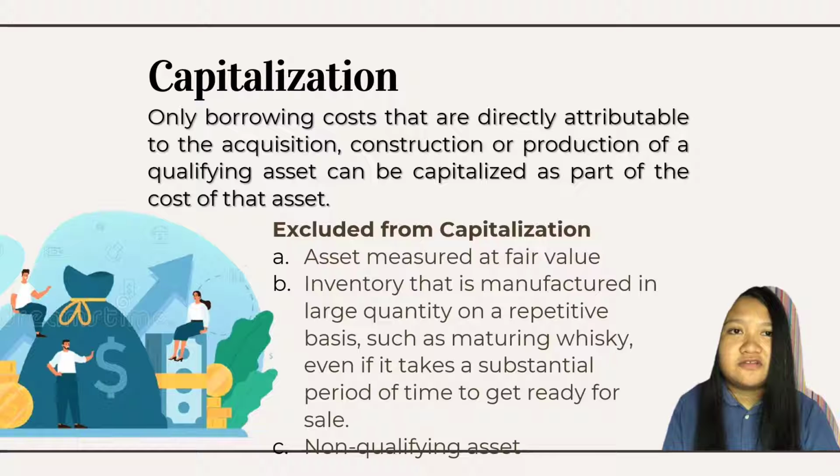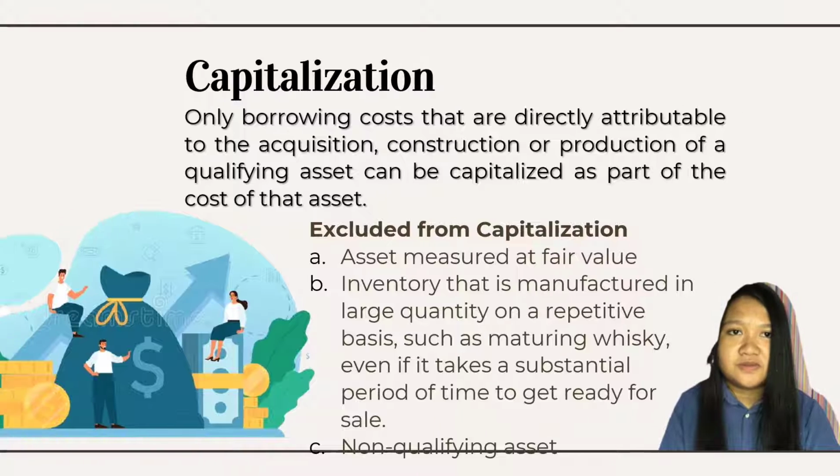Paulit-ulit mo daw mina-manufacture yung inventories at a short period of time with a large quantity on a repetitive basis, i-exclude daw siya sa capitalization. Non-qualifying asset. Syempre, hindi din kasama ang mga non-qualifying asset kung saan i-capitalize mo yung value ng borrowing cost.